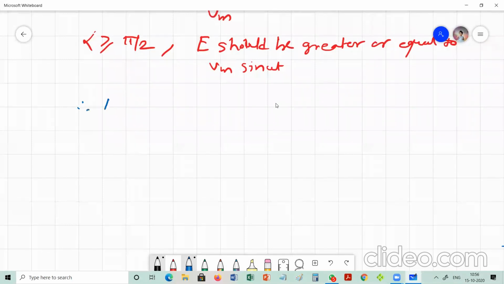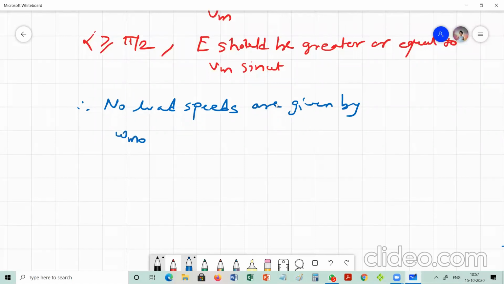Therefore, I will write down the maximum no load speeds, which are given by, when E is greater than Vm sin omega t, omega m0 is equal to E by k.